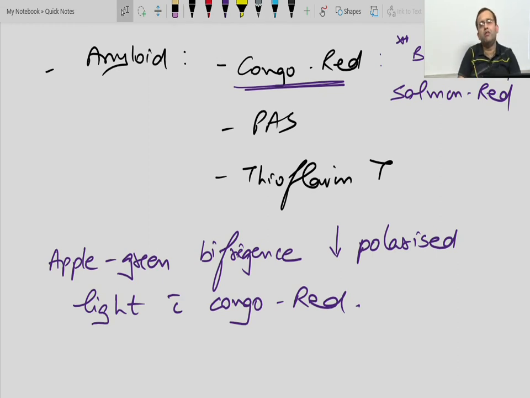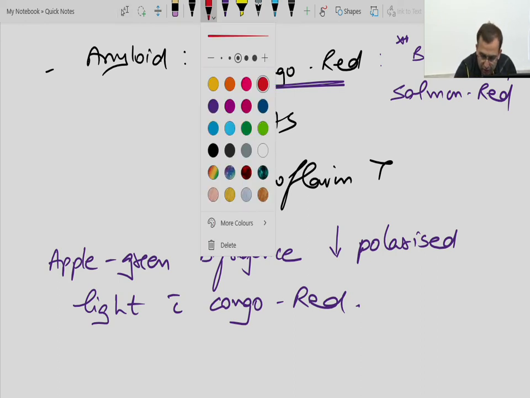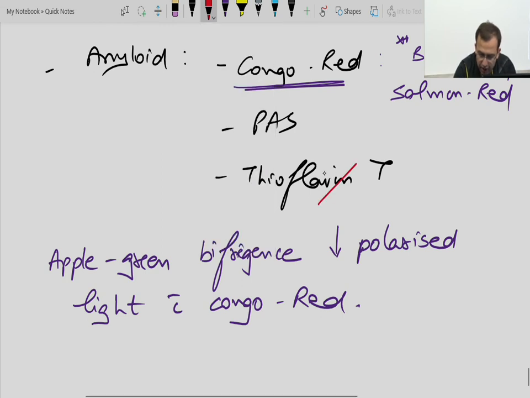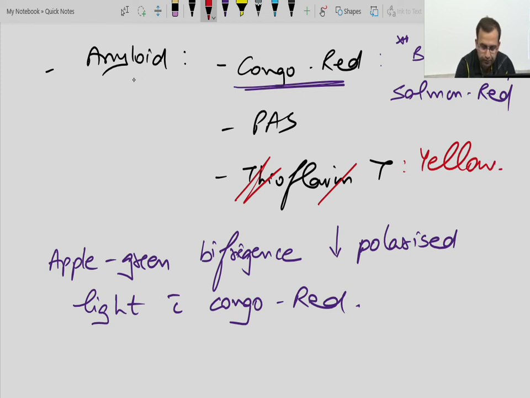So when the color of amyloid is asked, we are talking about light microscopy, not polarized light. Last point, color of amyloid with thioflavin T, it is yellow in color.